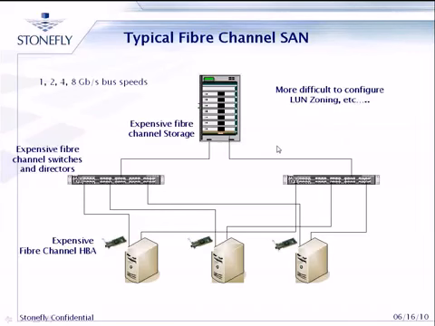So this was a big issue. Fibre Channel SAN solved that problem. You could have a centralized storage and multiple servers all attached to that storage, and they could share it. So the problem of sharing or centralized storage was solved with Fibre Channel.